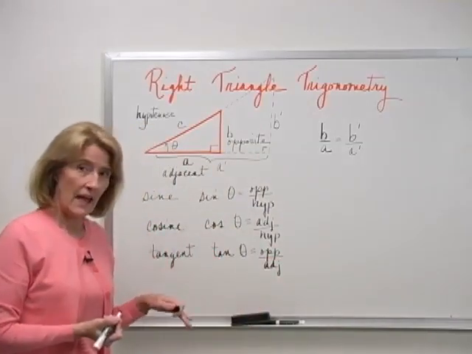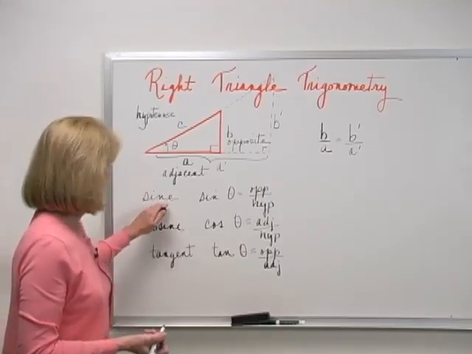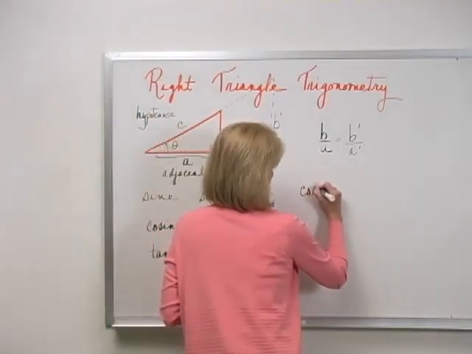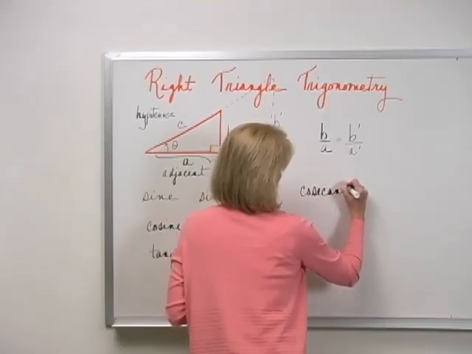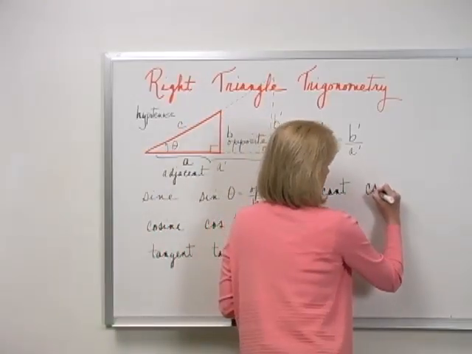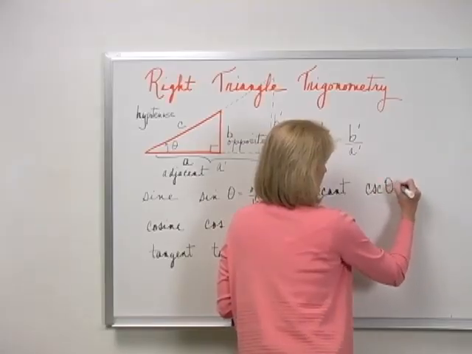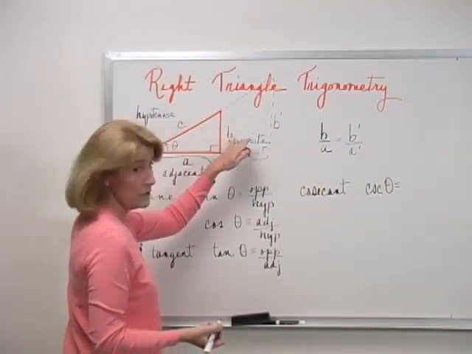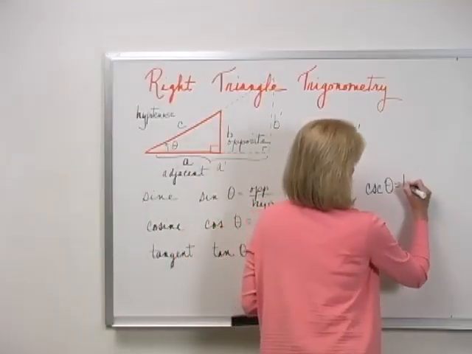All right, that's half of them. There are 3 more. The next one is called the cosecant, C-O-S-E-C-A-N-T, abbreviated CSC, and the cosecant of theta is the ratio of the hypotenuse to the opposite side.